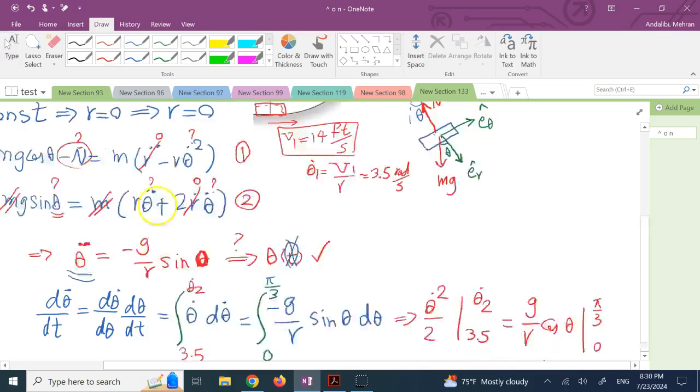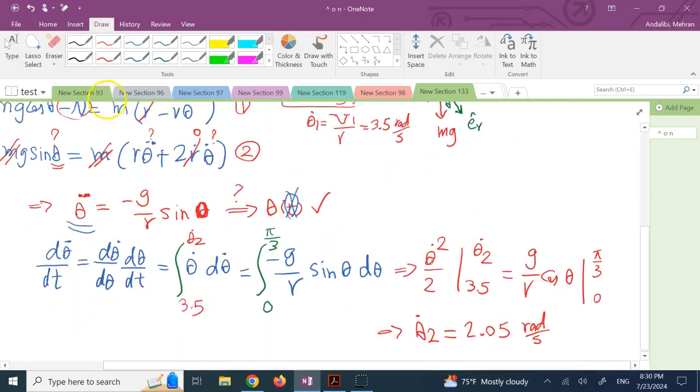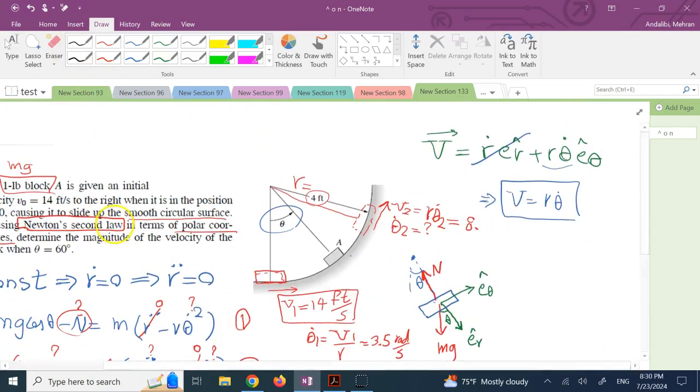And once you have that, you come back here, and clearly v2 is r times theta 2 dot. So that 2.05 you multiply by 4, and you're going to get 8.2 feet per second. Done.